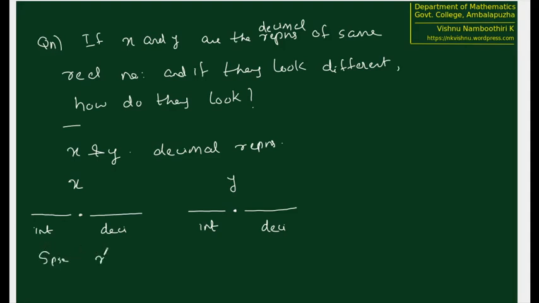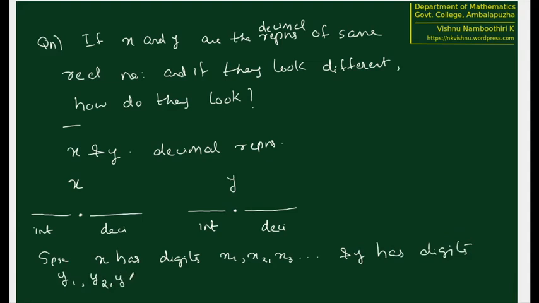Suppose x has digits x1, x2, x3, etc. and y has digits y1, y2, y3, etc. in their decimal representation.